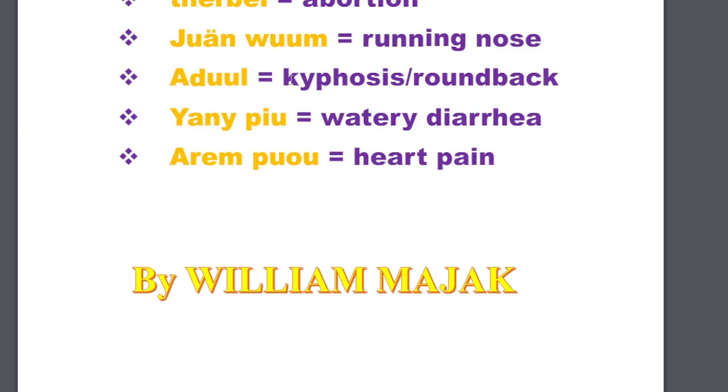This word I searched in Google until I got it, because I did not know it in English. Adul. You know, guys, adul means kyphosis, or round back. You guys are learning a lot from me here. Kyphosis or round back.